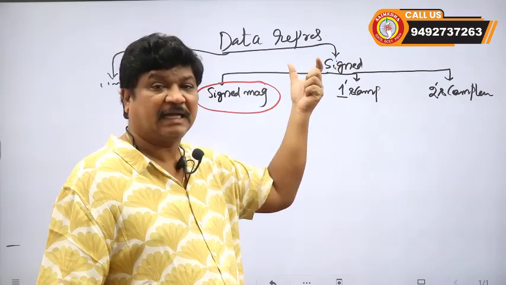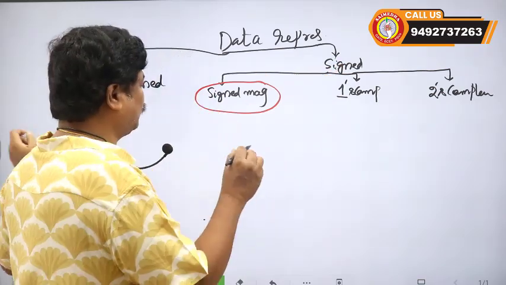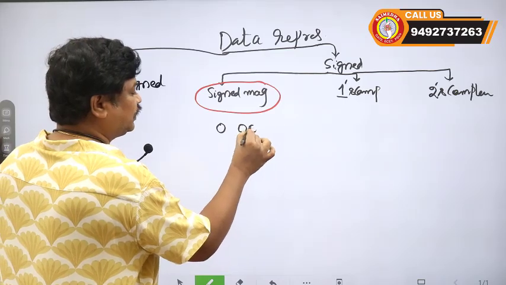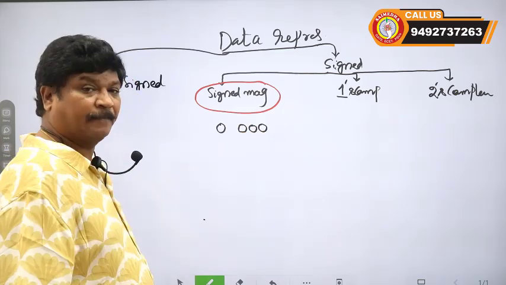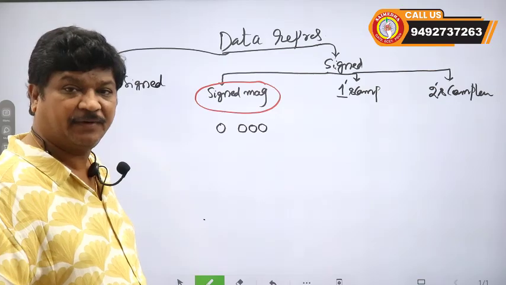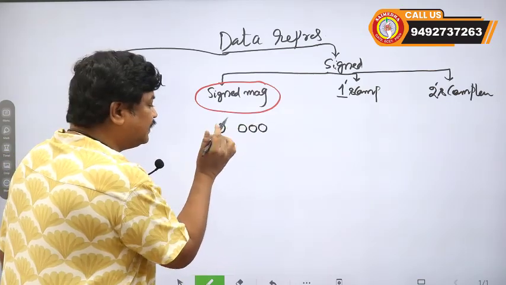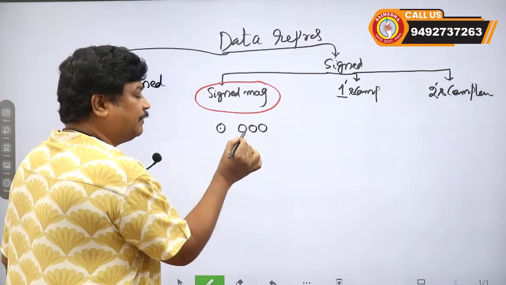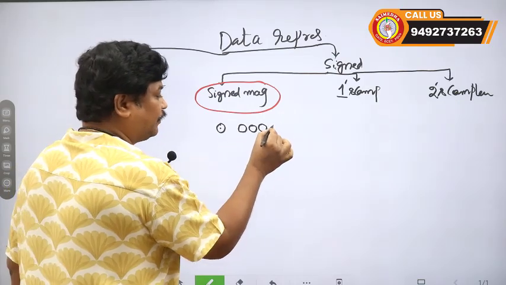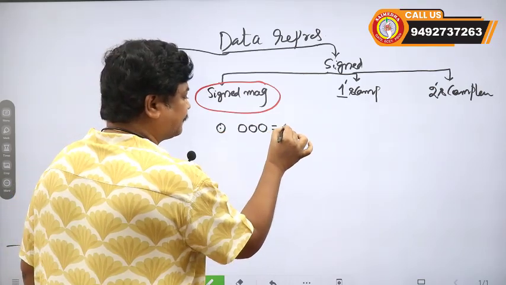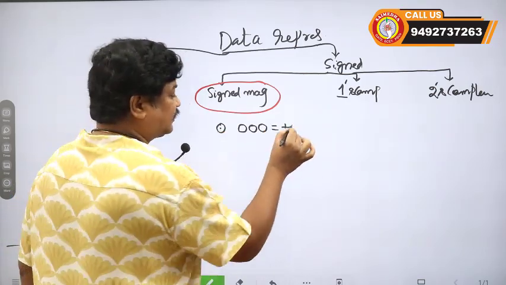So, 0, 0, 0, 0. What is this value? Why did I write this gap? This bit is used for sign, and the remaining bits are used for magnitude. So this bit is 0, and 0 means plus. Plus 0.